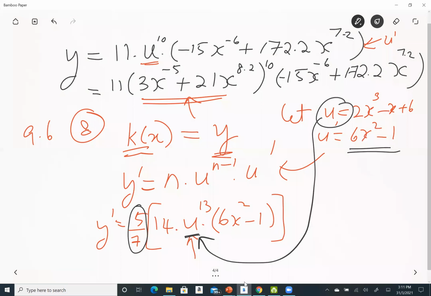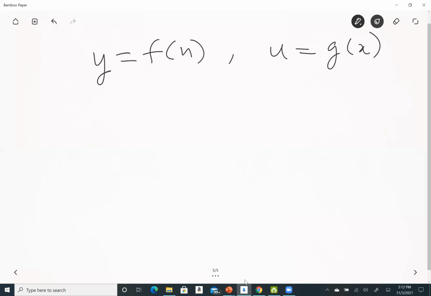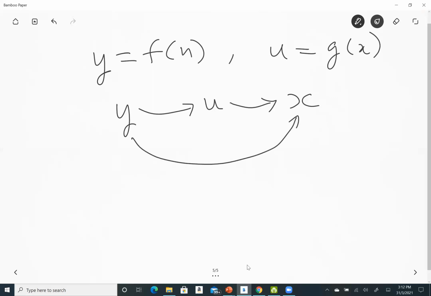So here y depends on u, which in turn depends on x. That's why you call it the chain rule.